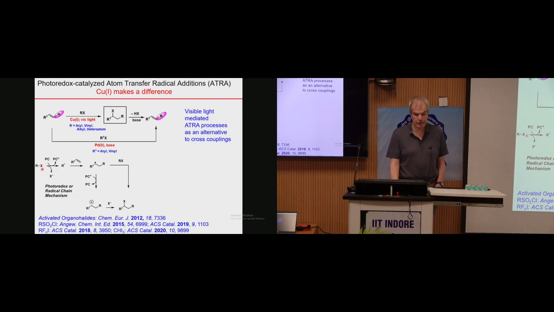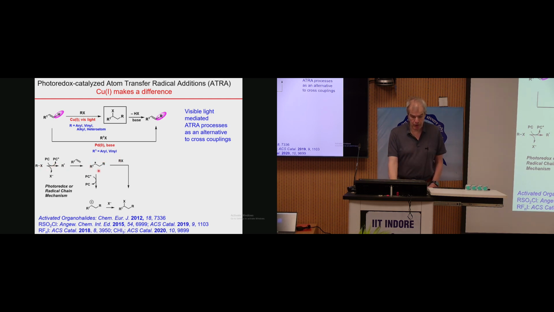So your photocatalyst needs to be able to reduce the substrate, you extrude the leaving group, and you generate a radical. And now this radical can add to the alkene, and it forms a new radical. And at this point, you have two options. This radical could start a radical chain mechanism. It could abstract your X group here, form the product, regenerate the radical.